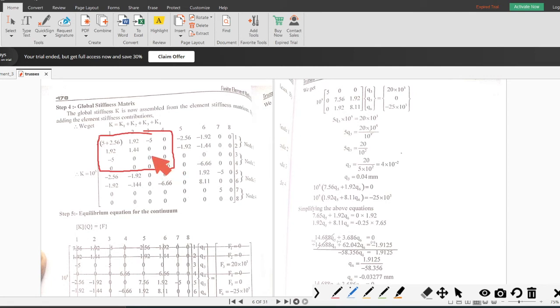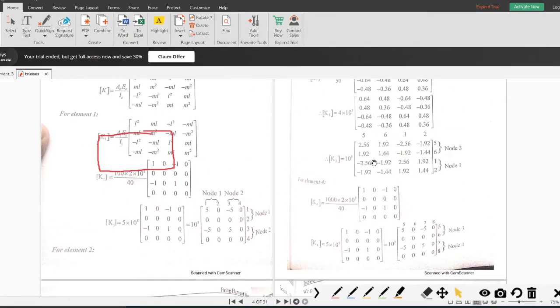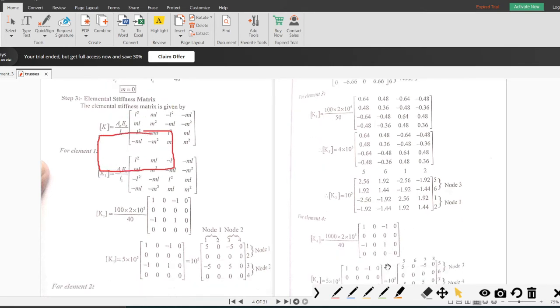I am asking row number, column number. What is K2 here? K2 is 3 4 5 6. K3 is 5 6 1 2. K4 is 5 6 7 8.